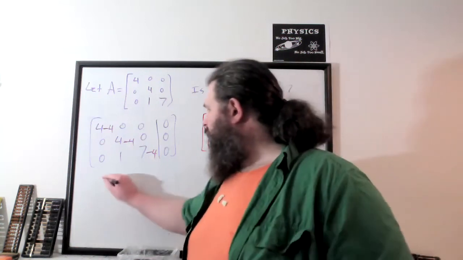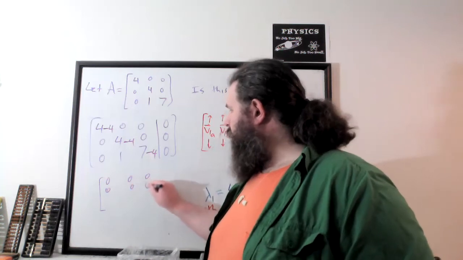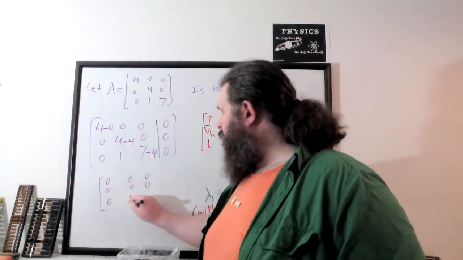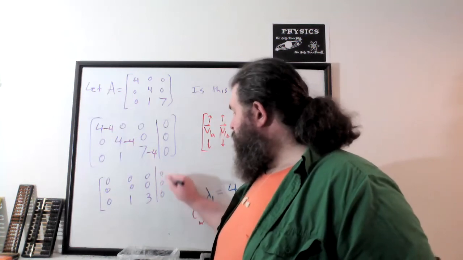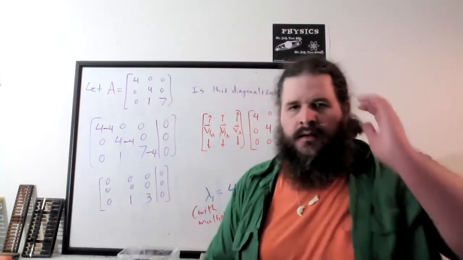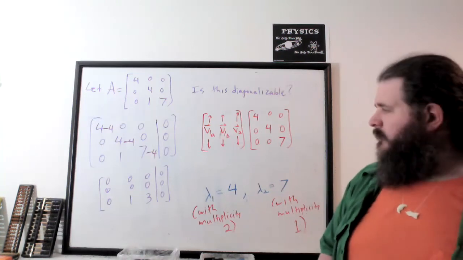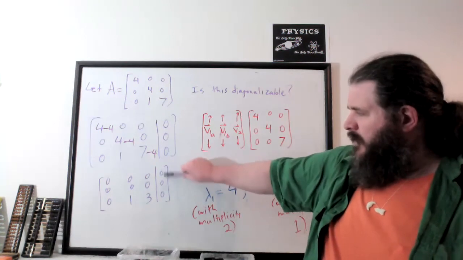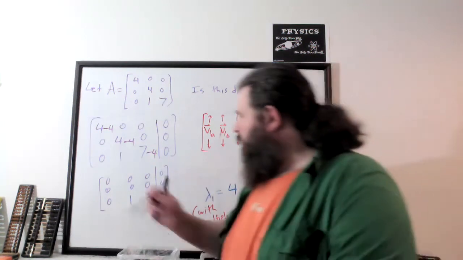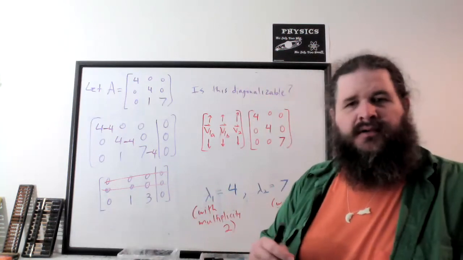Looks like that's going to become 0, 0, 0, 0, 0, 0, 0, 1, 3. So that's our matrix that we want to find the null space of. And we don't even need to row reduce. This is already reduced in the sense that these rows became zeros. So that suggests infinitely many solutions.